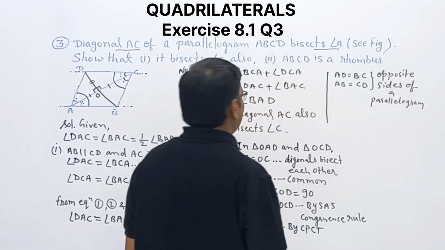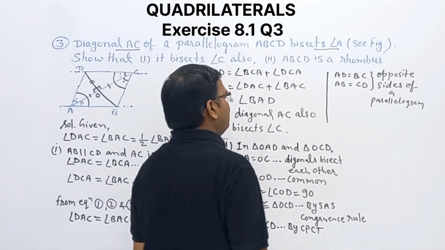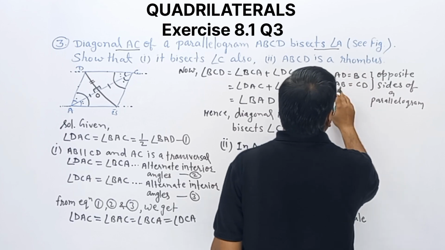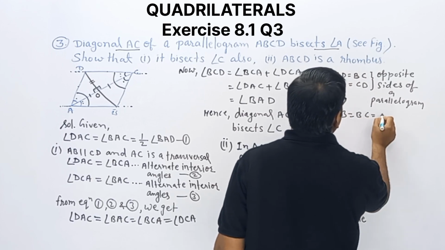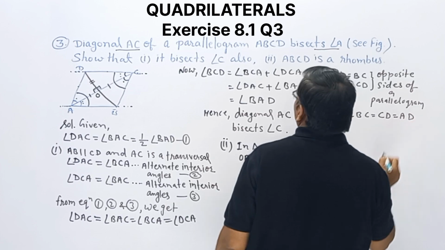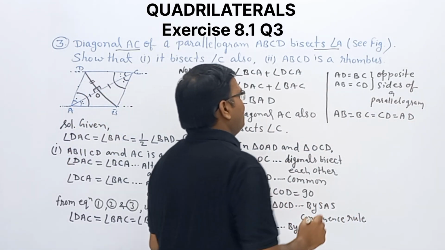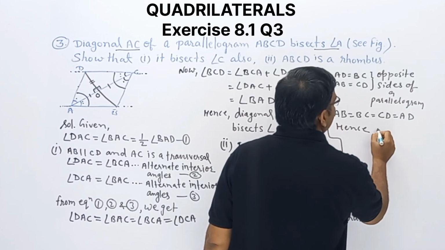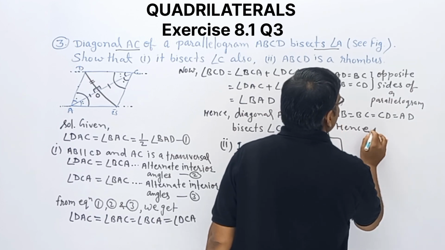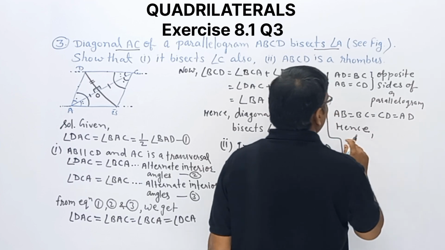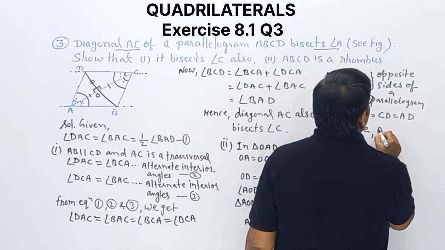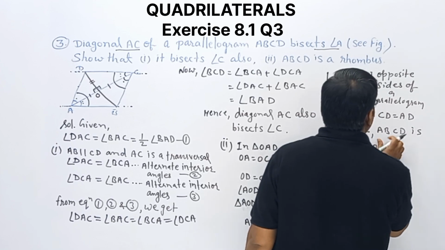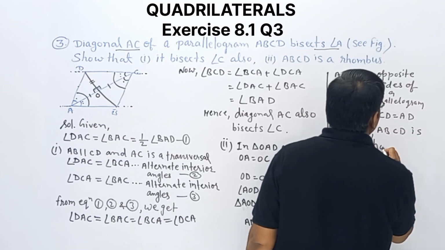Opposite sides of a parallelogram. Finally, from these we can say AB equals BC equals CD equals AD. All these sides are equal, hence once all sides of a parallelogram are equal, we can say ABCD is a rhombus.